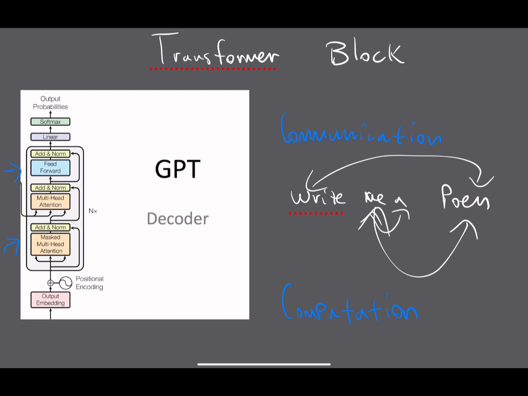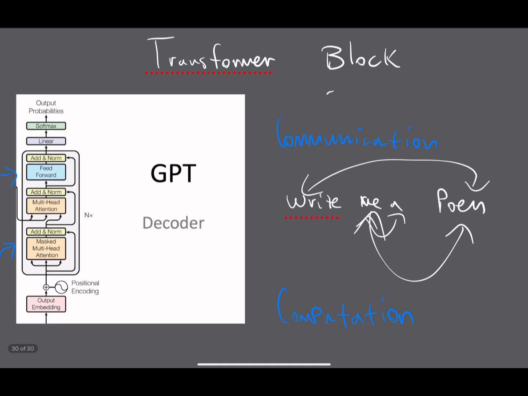However, if you were coding up the GPT class, let's say we are coding up a class called GPT, you'll actually be given the transformer block class, and you can treat the transformer block class as a black box. However, when you actually are coding up the full transformer in the GPT class, you're going to notice this NX in the diagram. And that indicates that we're going to have many blocks in sequence.